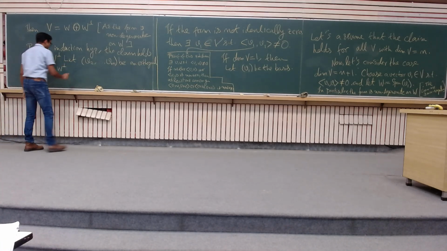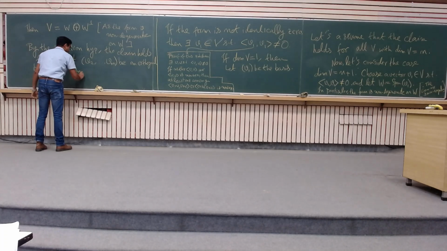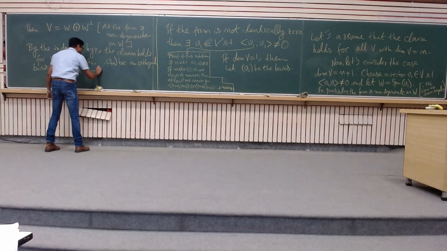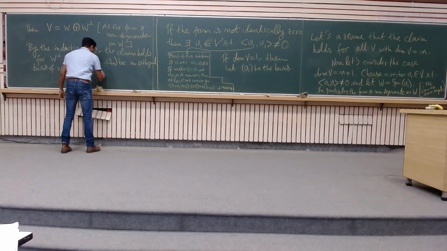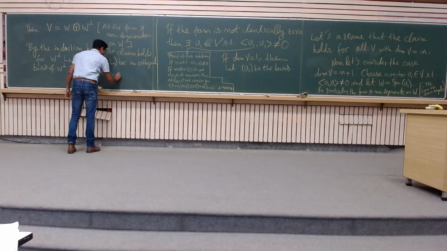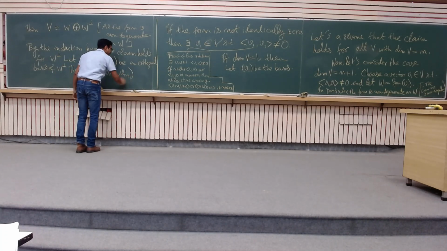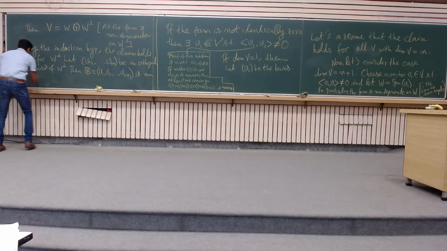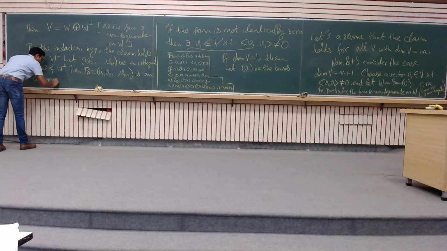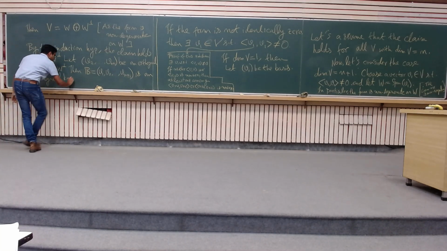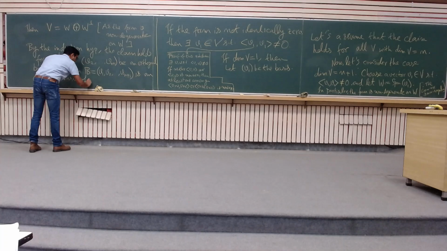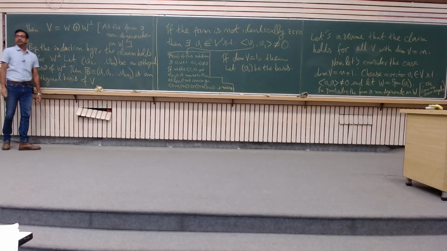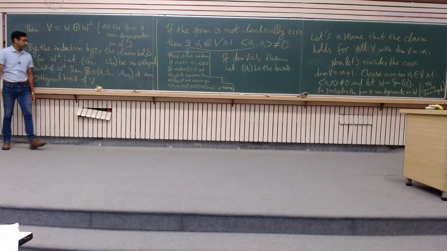Then B defined by V1, V2, dot dot dot, Vn plus 1 is an orthogonal basis of V. All right.